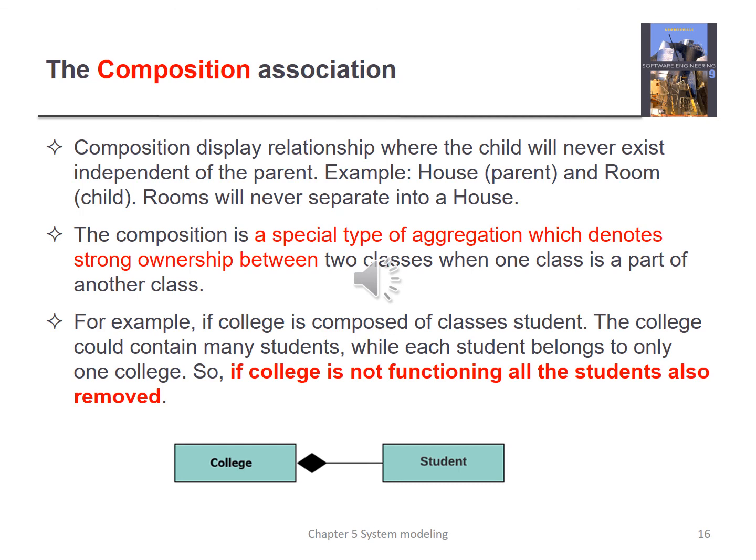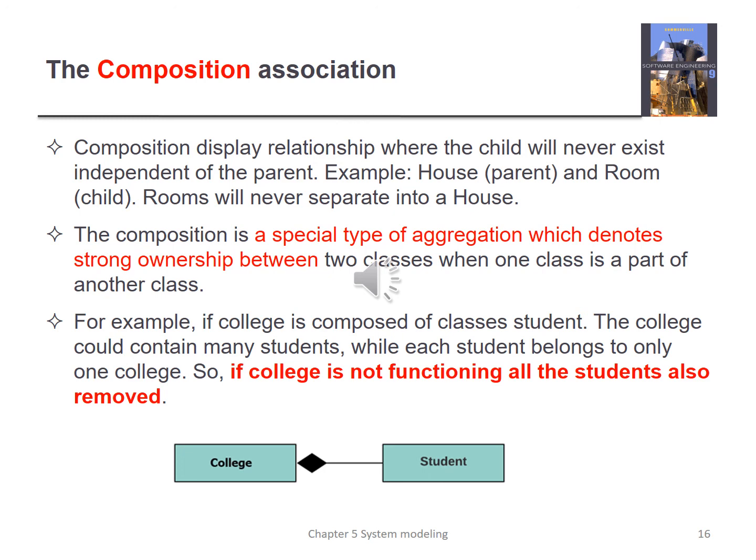Okay, composition association. Composition is a special type of aggregation which denotes a strong ownership between two classes when one class is a part of another class. For example, if a college is composed of the classes student and college, the college could contain many students, while each student belongs to only one college.